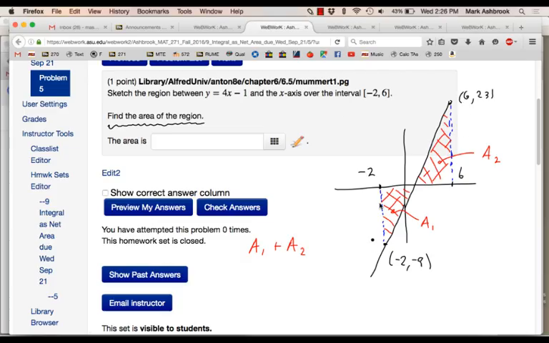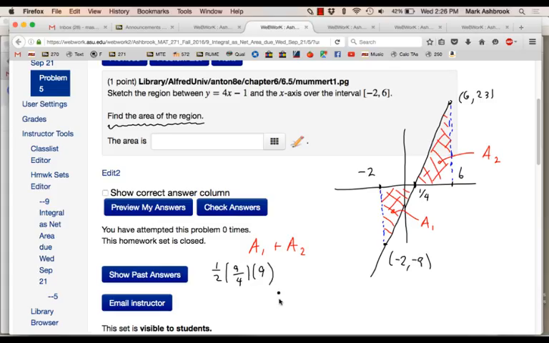Okay, so what is area 1? 1/2 base times height. So I'll use, where does this hit? Is this 1/4? Oh, thanks. So the x-intercept is 1/4. So we're going to do 1/2, 2 1/4, or 9/4, times 9.